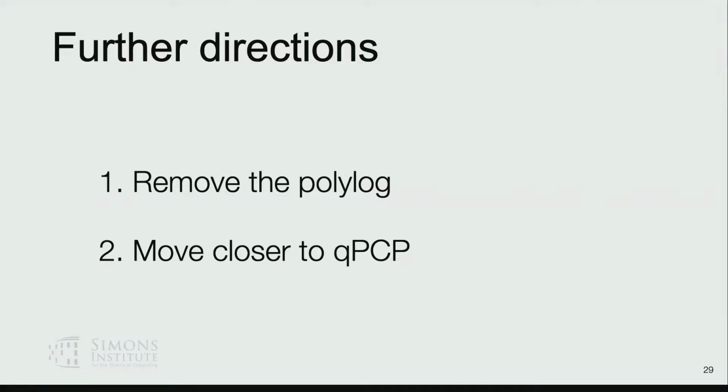But another important one, which ties back to today's program, is to try to move closer to quantum PCPs. And for these quantum PCPs, now we want to have more properties of these codes, like some kind of encoding property or going beyond Clifford, things like that. So it's also very worth pursuing.